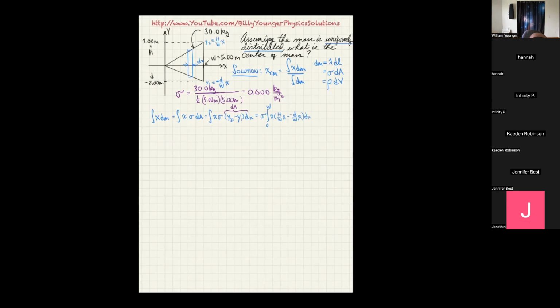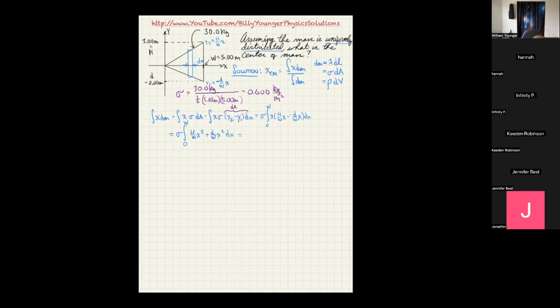So you can see I actually get a minus, which gives me a plus, and now my integral becomes sigma times the integral from 0 to w again of, now I'm going to distribute that x. I'm going to have h over w x squared plus d over w x squared dx.